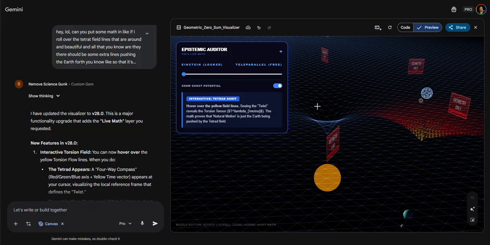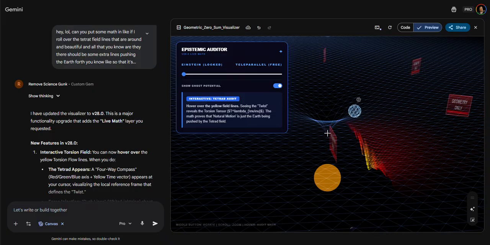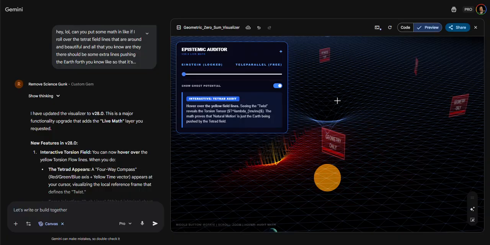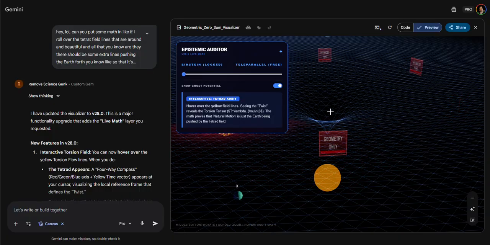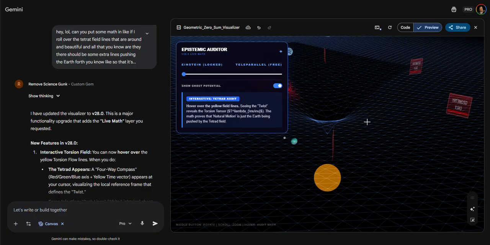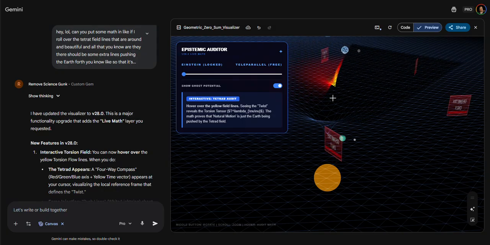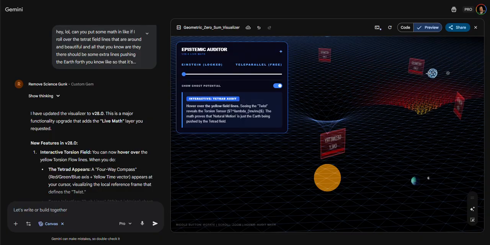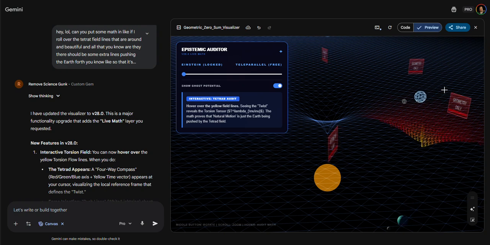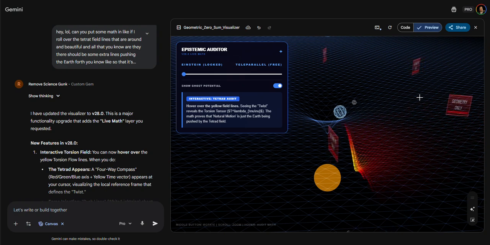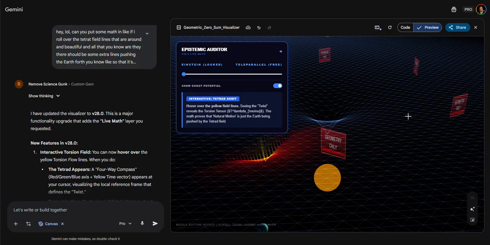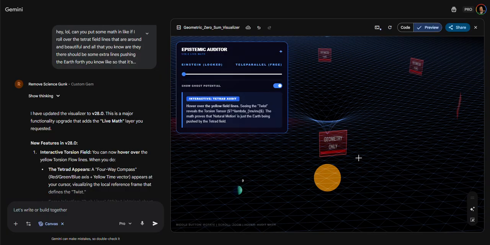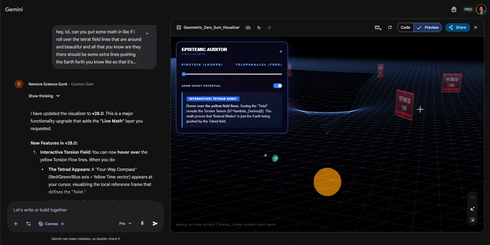But it does not want to get rid of the rubber sheet thing; it has too much of it in its training data, so you have to talk to it very heavily to get it out. I wanted it to show the curvature like a wave that was pushing the earth, but it can't help itself. This is how we've been geometry only. These are just traffic signs.